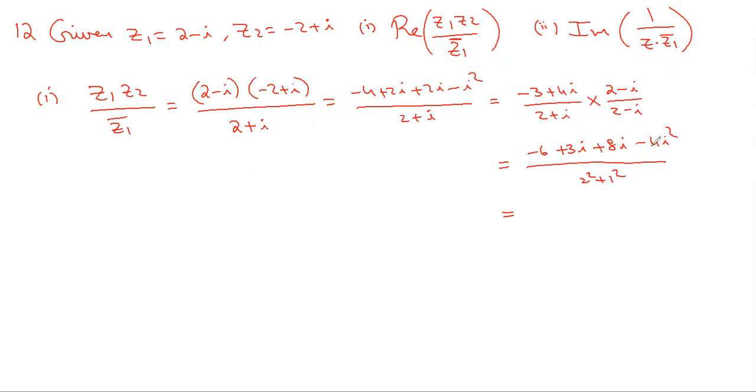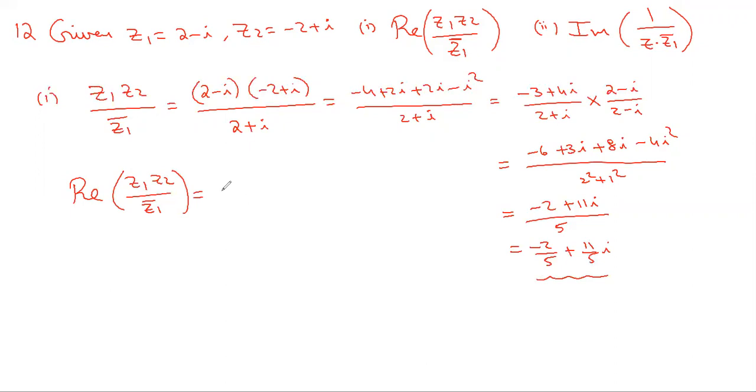So i square is minus 1, minus and minus plus 4, so 4 minus 6 is minus 2, plus 11i, by 5. So basically this is minus 2 by 5 plus 11 by 5 i. The question asked is the real part. So the real part of z1, z2 by z1 bar, when you write it in a plus ib form, is easy to write as minus 2 by 5.